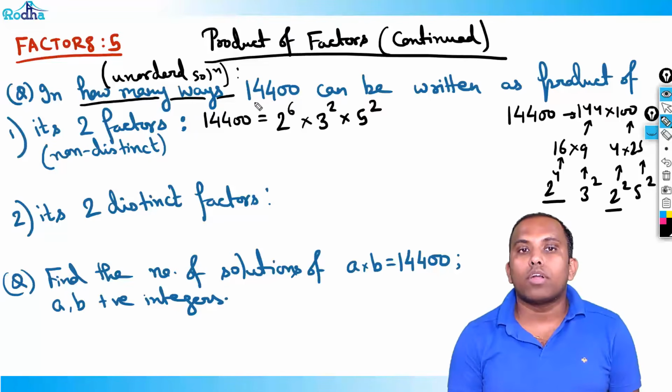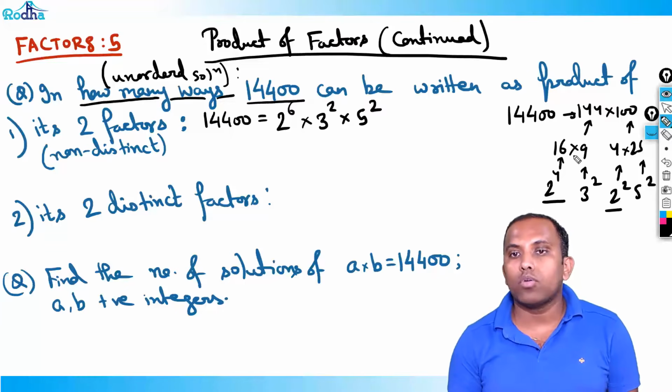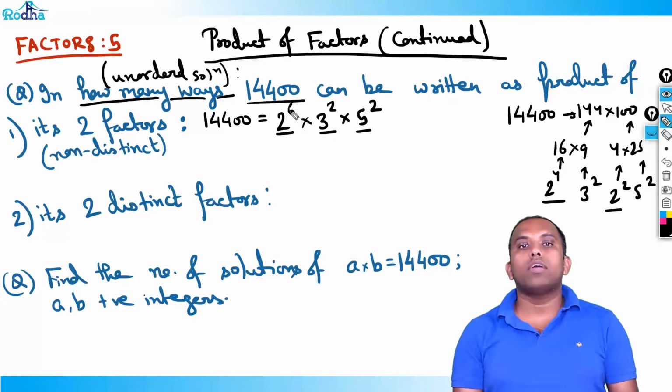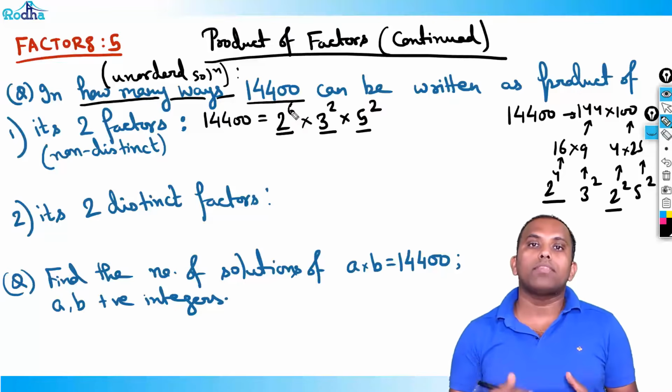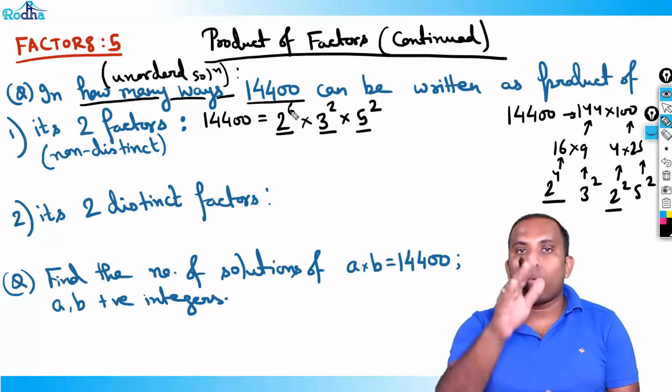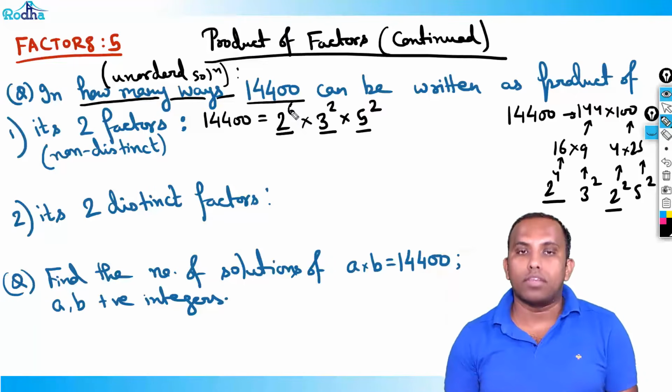Because 14,400 is a perfect square. What is a perfect square? If you write it in terms of prime basis, all the prime bases have even powers. As discussed earlier, when prime bases have even powers, it is a perfect square, because when you take the square root of that number, it will be an integer.